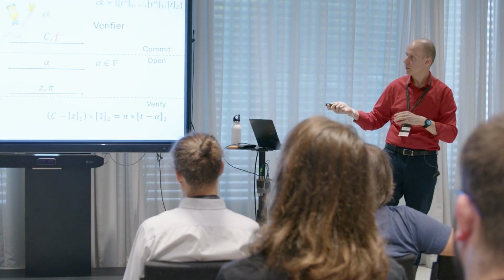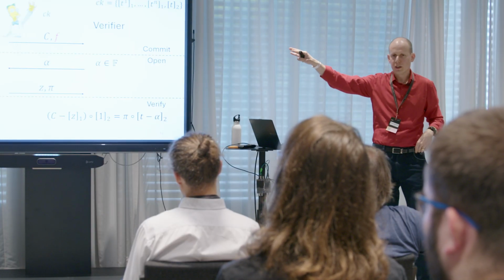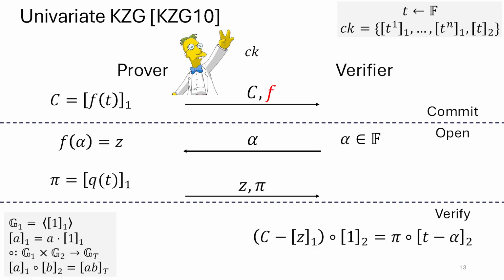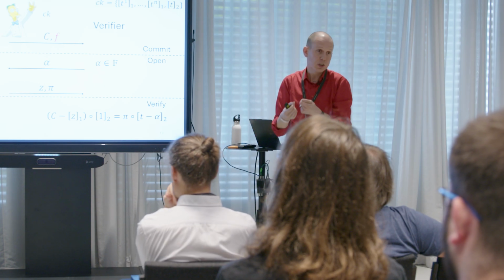Let me just, this was very high level, meta, AGM, algebraic adversaries. Let's be specific, right? So this is the univariate KZG, and you are working against an algebraic adversary. The algebraic adversary gets as input the commitment key. These are just group elements that are the evaluations of the monomials, and then it comes up with a commitment. What is a commitment? It's a group element.